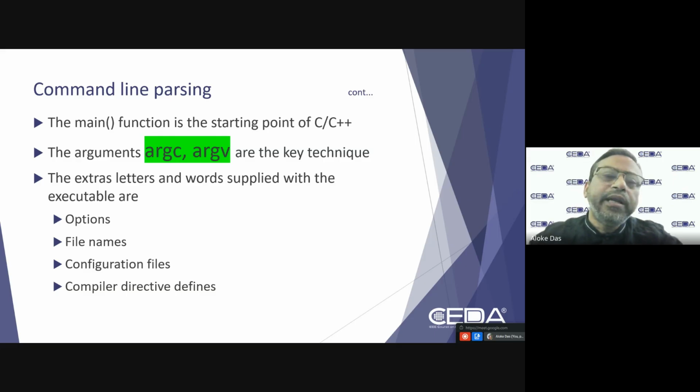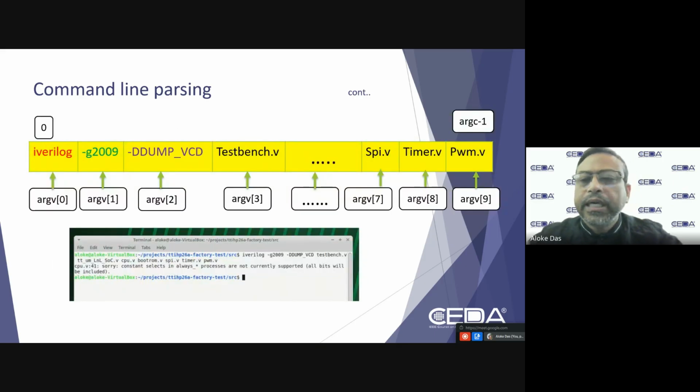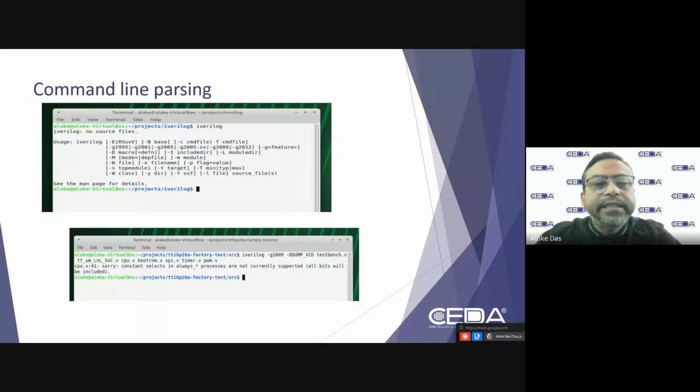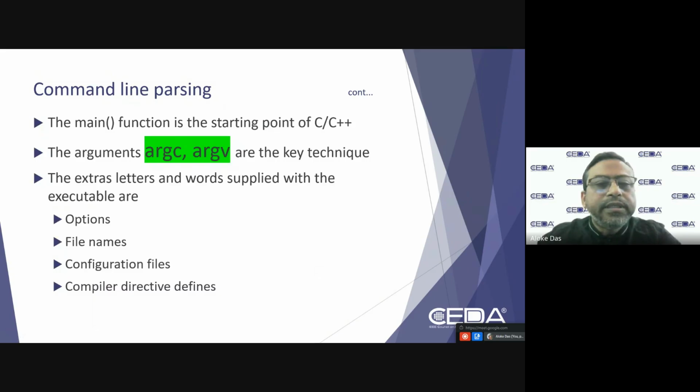This is called command line parsing. This is what happens the moment I call the executable with these many arguments, like G 2009 and so on. What happens? We get argc and argv.